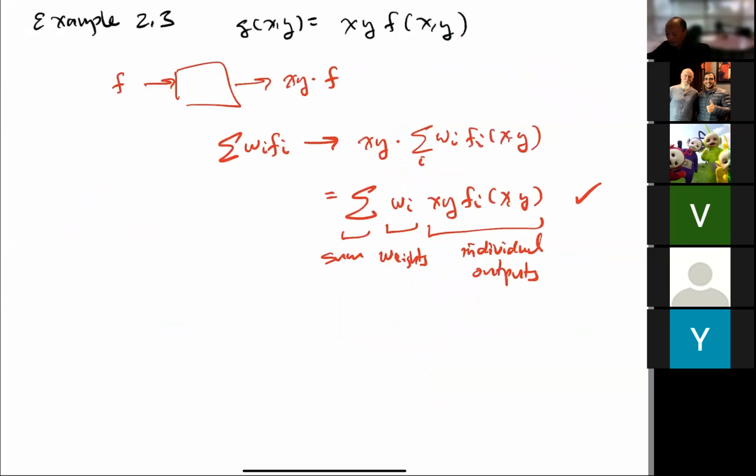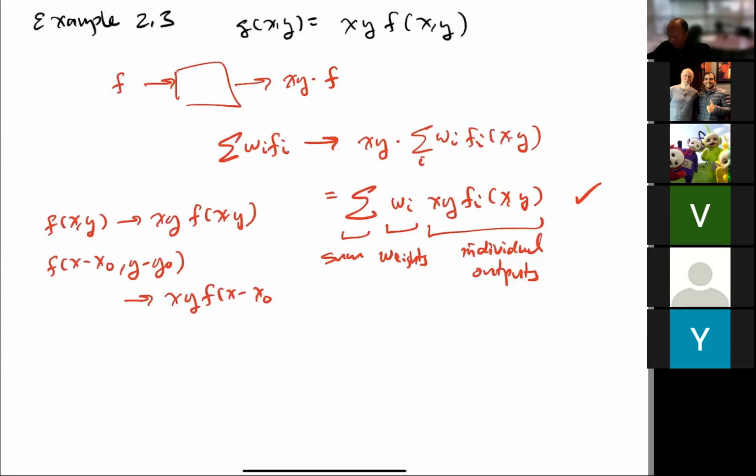But now let's look at this one here. If I put in f of x, y, I'm going to get out x y f of x, y. Now let's say I put in f of x minus x naught, y minus y naught. It just takes my input and multiplies by xy, which gives x y f of x minus x naught, y minus y naught.